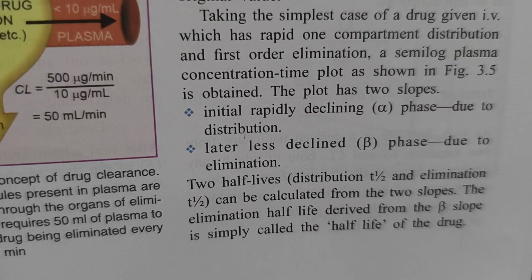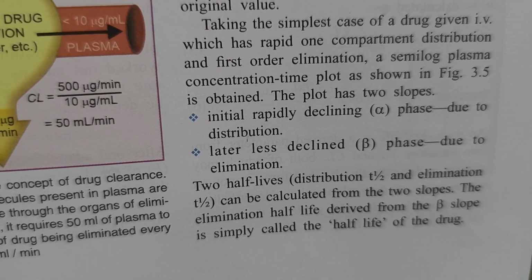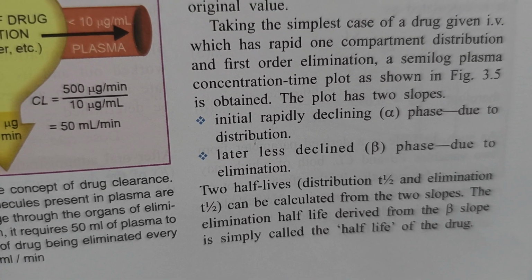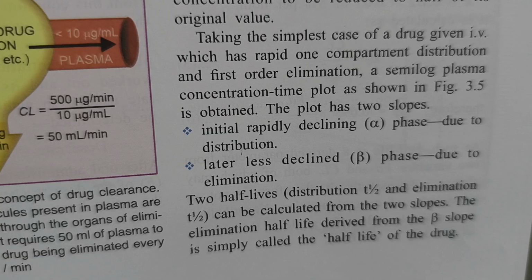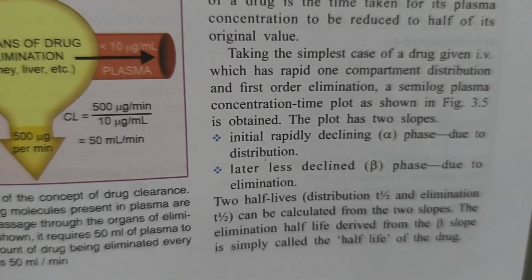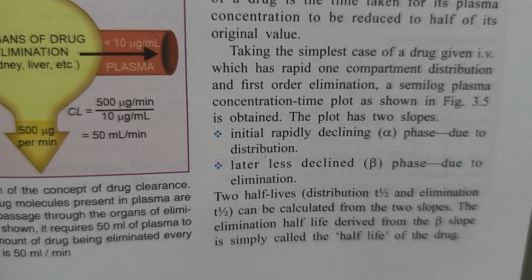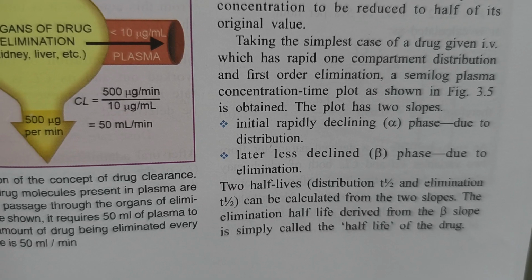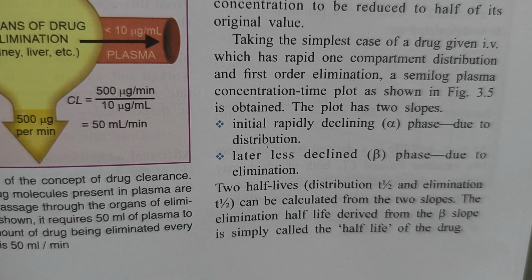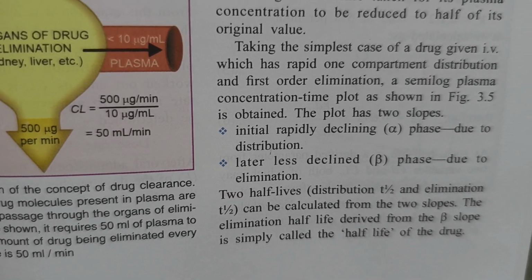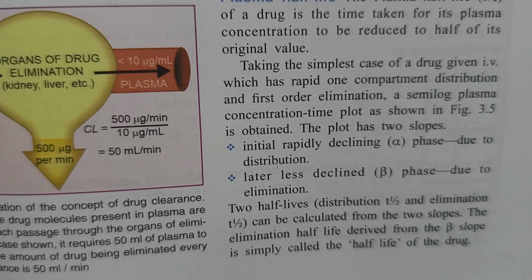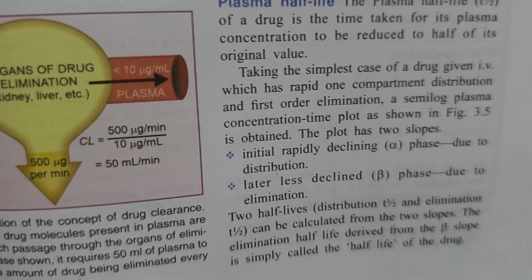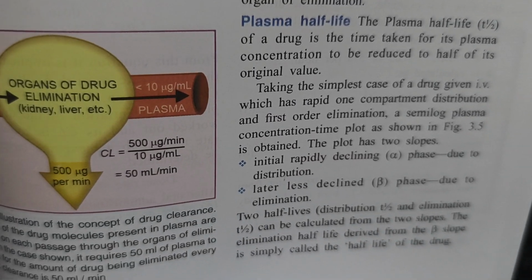The plot has two slopes: an initial rapidly declining alpha phase due to distribution, and a later less declining beta phase due to elimination. The two half-lives, distribution and elimination, can be calculated from the two slopes. The elimination half-life derived from the beta slope is simply called the half-life of the drug.